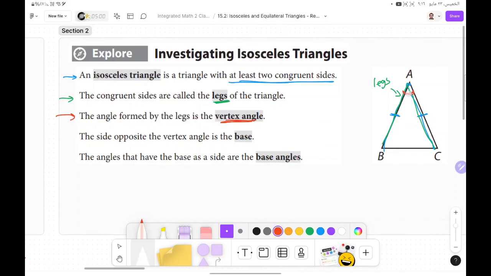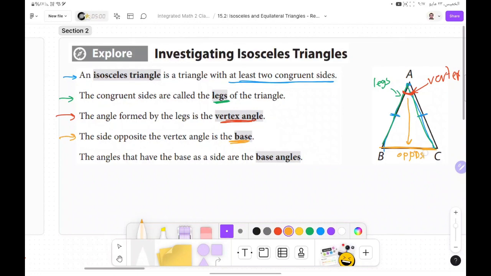The vertex angle is always the angle related to the two legs, so this one here is the vertex angle. Then the side opposite the vertex angle is called the base. So side BC is opposite to the vertex angle.